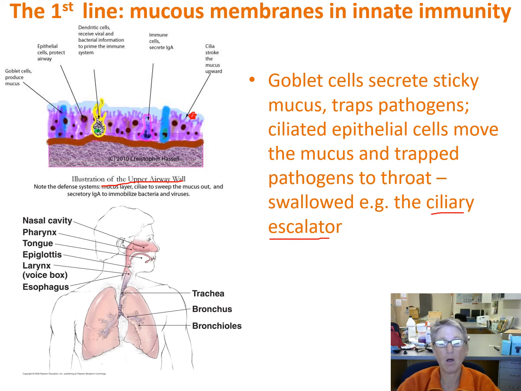Probably you've all ridden on an escalator before, so you know that visual. And then the cilia are the things that are moving. The cilia move the mucus, and the viruses and bacteria are trapped in the mucus. And then this is just a cartoon of basically the upper airway, so the trachea and all these structures in that upper airway.